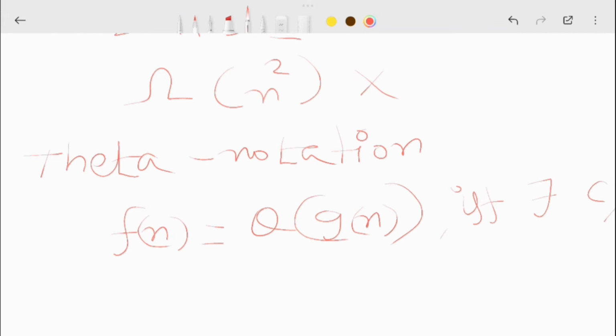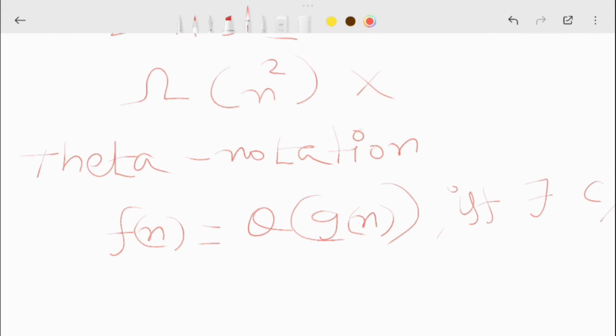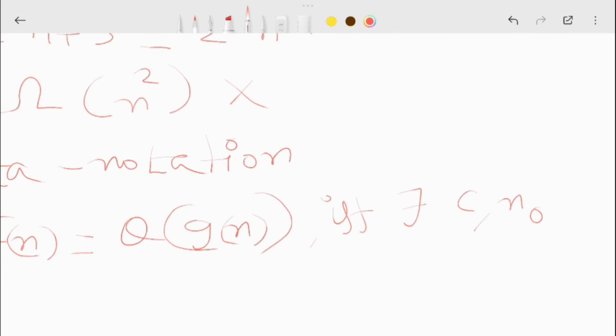Here we need to use three constants, not only two constants.